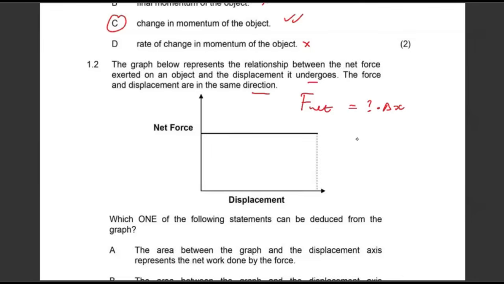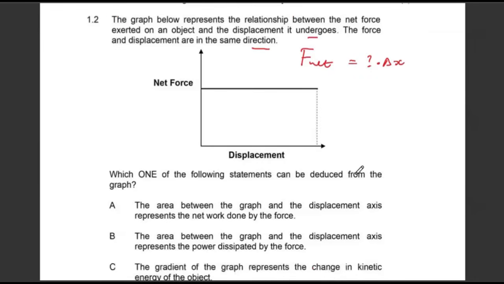Because that's not mass and acceleration. Which one of the following statements can be deduced from the graph? They're telling us that the area between the graph and the displacement axis represents the net work done. I think that makes sense.